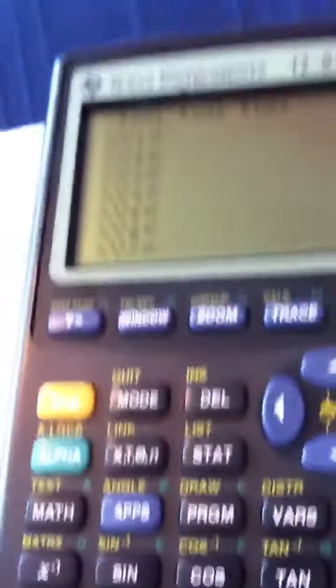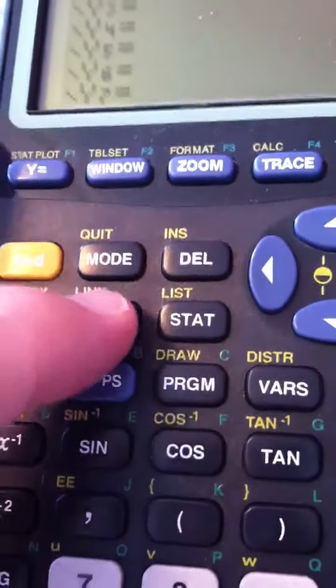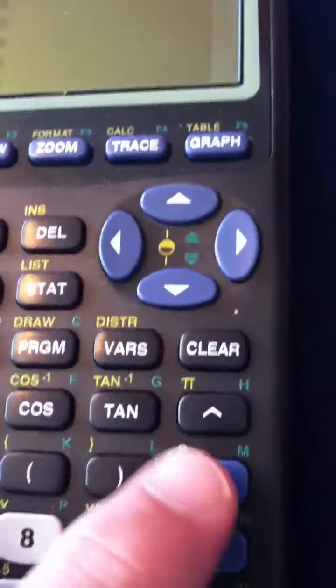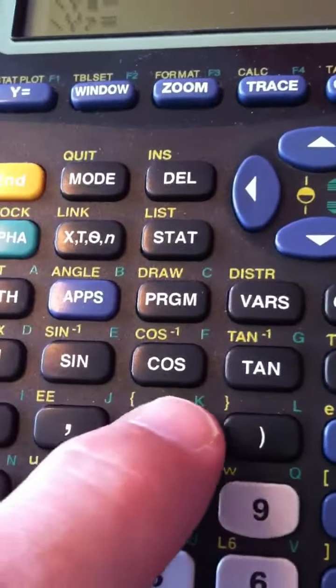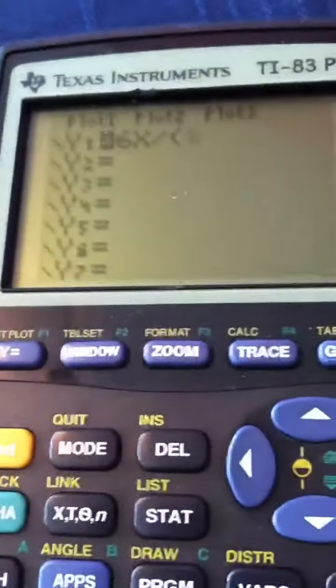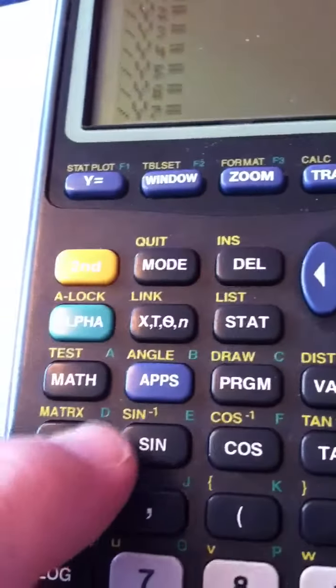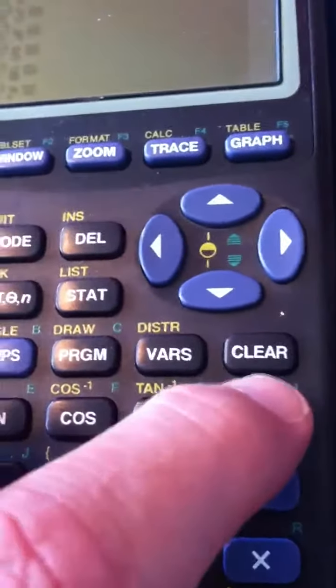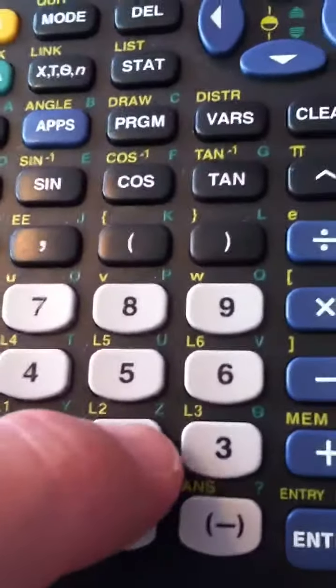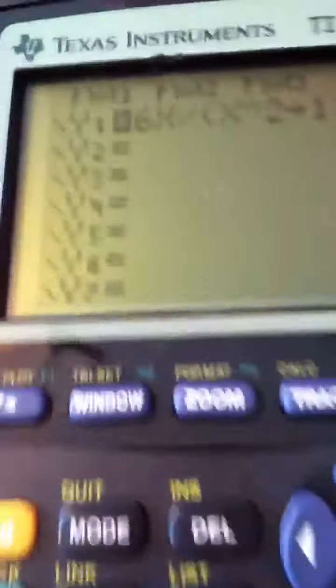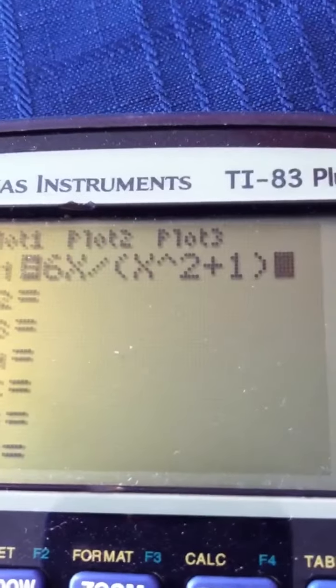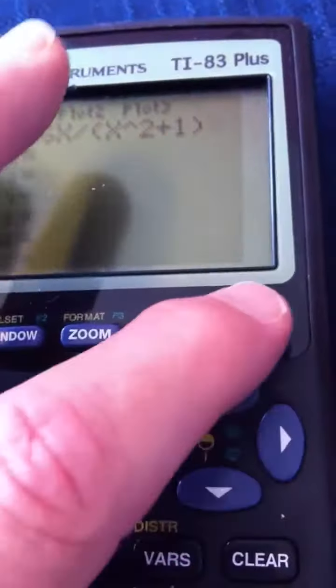So the numerator would be 6x, and then divided by, but here's the key, left paren, you've got to put this in symbols, left paren, x caret 2, that's x squared, plus 1, close paren. So this is the correct way to enter it into your calculator, and now we hit graph.